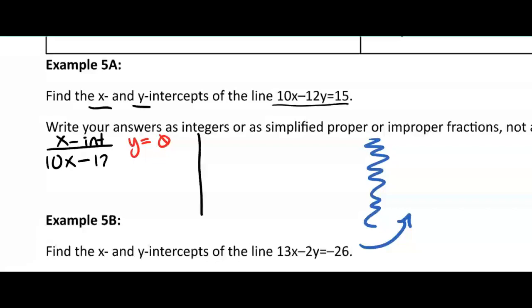Now, what is negative 12 times 0? 0. By the substitution property of equality, negative 12 times 0 is 0, and since I'm adding or subtracting that to 10x, I can just drop it. Poof. I am left with 10x equals 15.